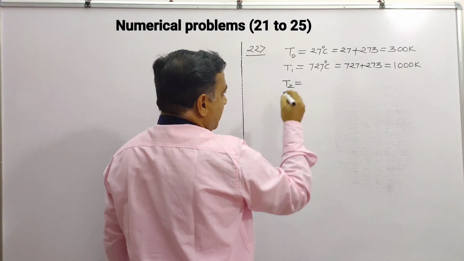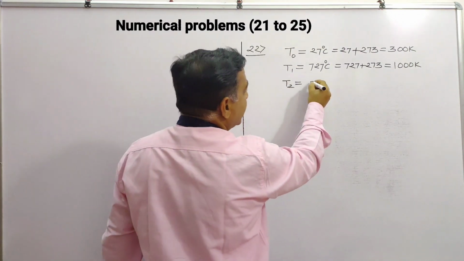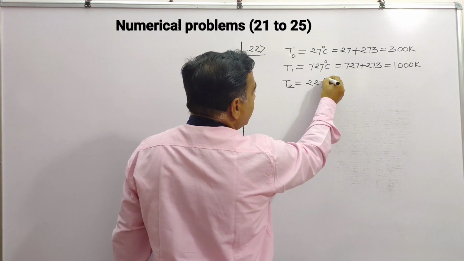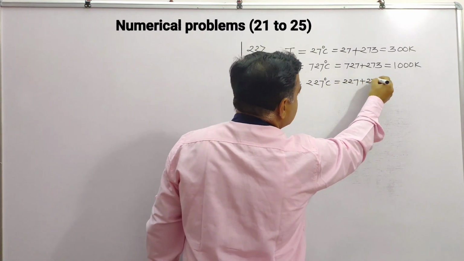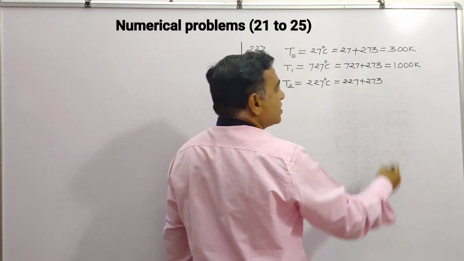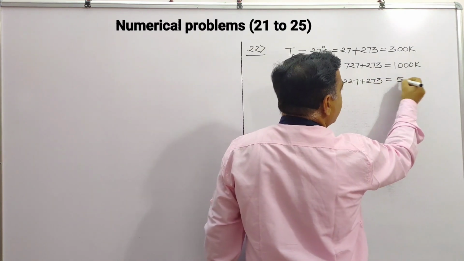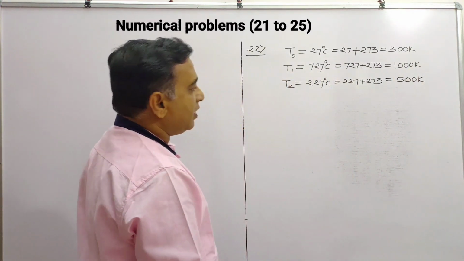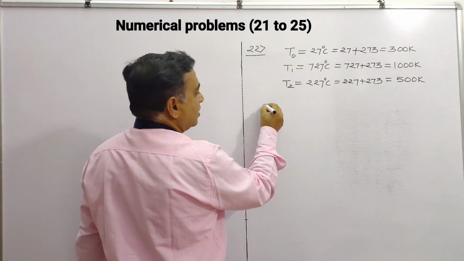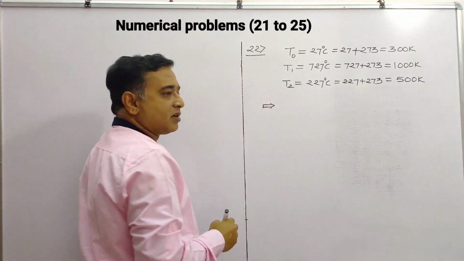The second temperature is 227 degrees Celsius, that means 227 plus 273, which gives 500 Kelvin. So accordingly, I am going to write the basic formula.